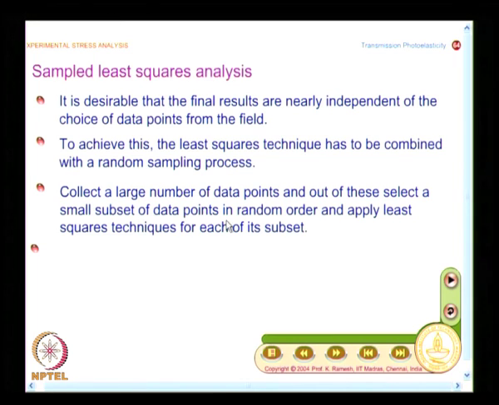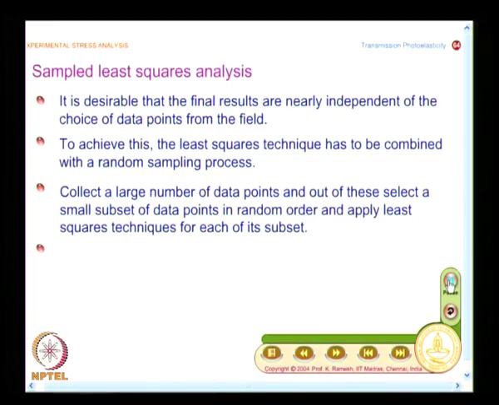You do this in random order and apply least squares techniques for each of its subset. That is how you bring in your randomization. So, you collect large number of data points, from that you take a small subset, and this subset select from these master data points randomly.